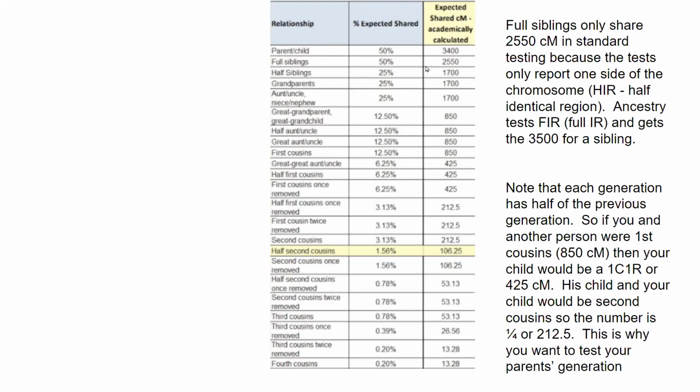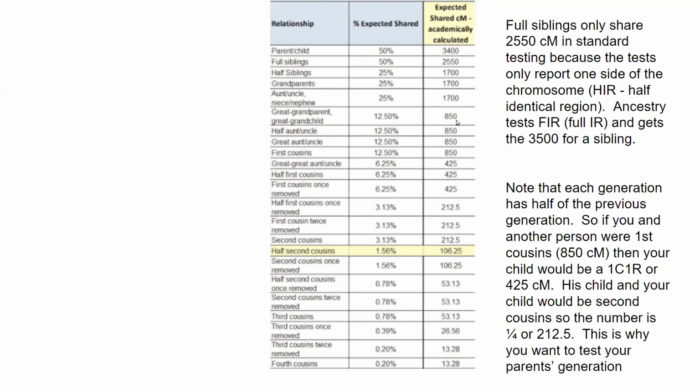For a full sibling, most of them analyze it at 2550, even though it should be half. In other words, I got half and you got half, we should match about half. But they only report half of the DNA, so you're only reporting the half you got from one of your parents. Half siblings, 1,700, that makes sense.